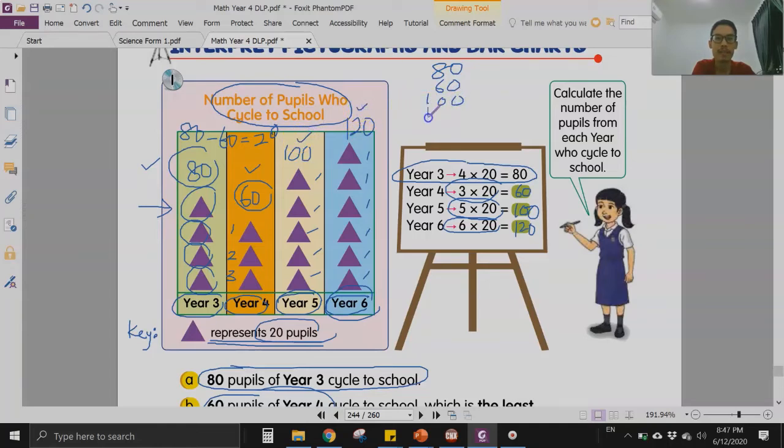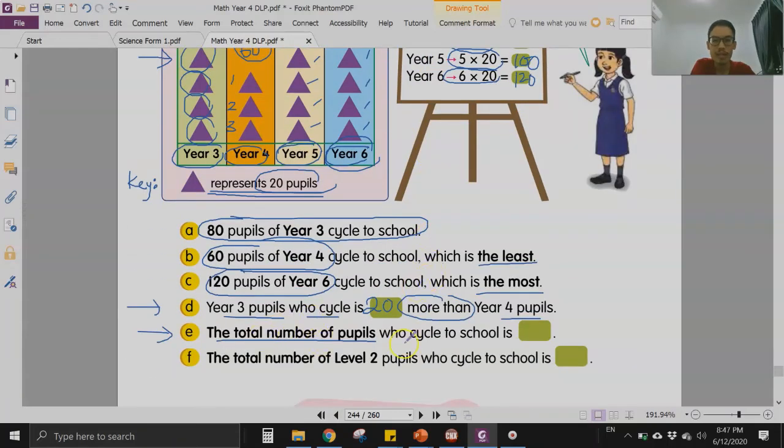Year 6, 120. So you plus everything, you get 8 plus 6 is 14 plus 2, 6. 1 plus 1 plus 1. 360. So altogether, the total number of pupils who cycle to school, 360 pupils.